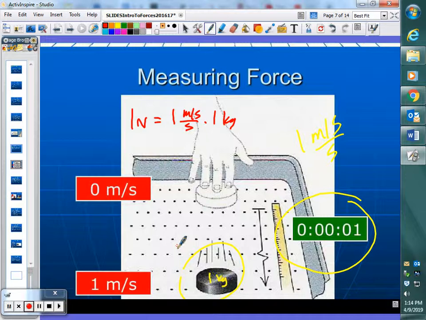Same force, but because this object is heavier, it doesn't go as fast. Let's say we kept applying that force. How long would it take us to get to 1 meter per second? 2 seconds. Twice as much mass takes twice as long if you use the same amount of force.